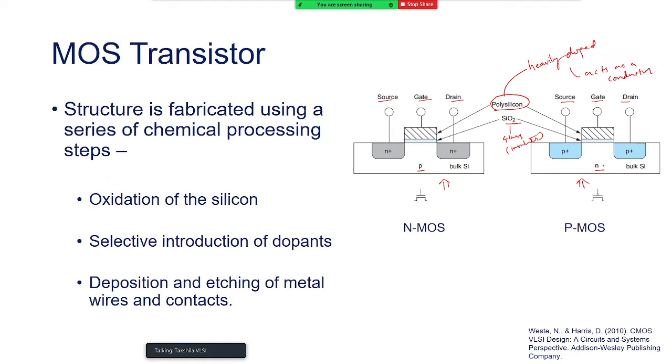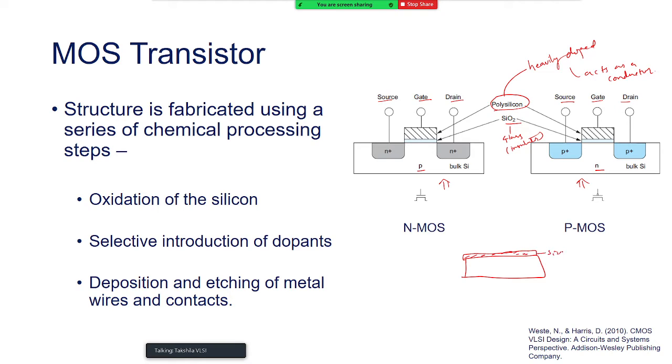So what we know here is that this structure is fabricated using a series of chemical processing steps and photolithography. We also know that you have a substrate, and the first procedure is oxidation.